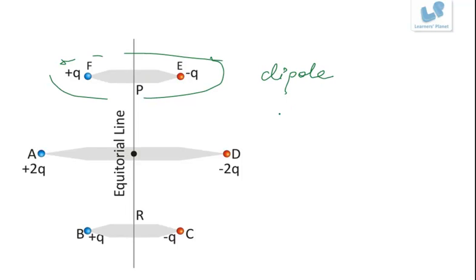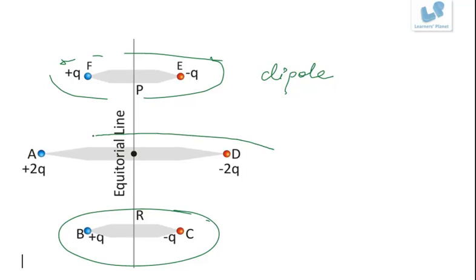So considering the six charges, we have three dipoles, one at FE, another at BC and another at AD. Now if we assume that there is no other electrical charge present in the vicinity of this set of charges, then there is no potential due to the environment. Whatever potential is there, it is only because of these charges.